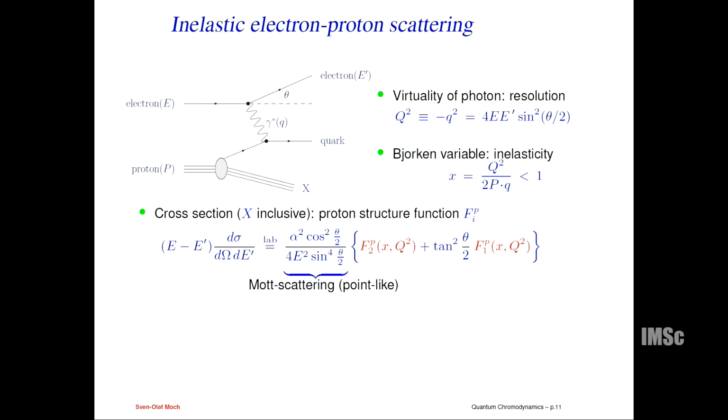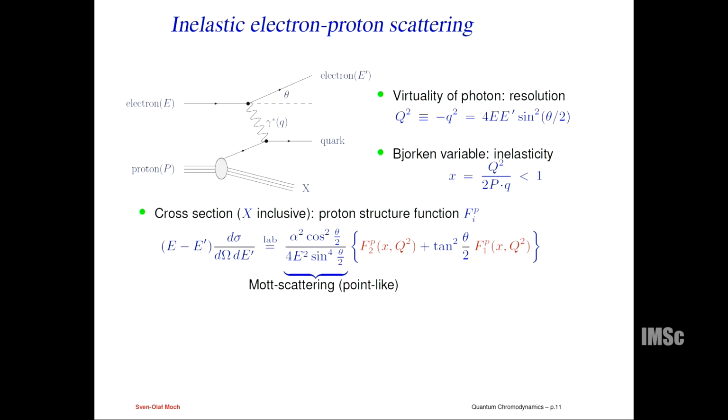Alright, so on the theory side, let's go into more detail on how we calculate the cross sections. We have an electron and a proton scattering via exchange of a virtual photon. Experimentally, you can measure the photon virtuality by measuring the angle of the scattered electron and its energy. Then by that you can also measure the Bjorken x variable.